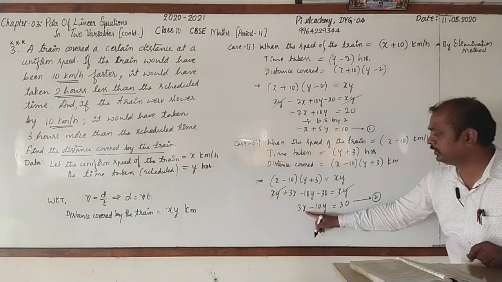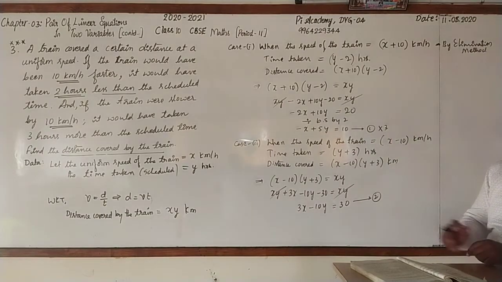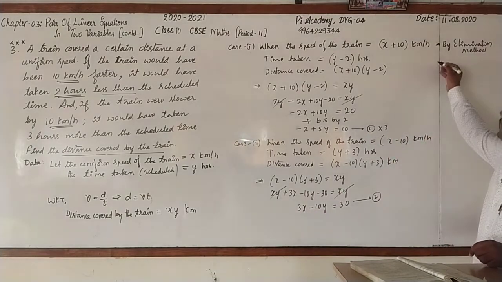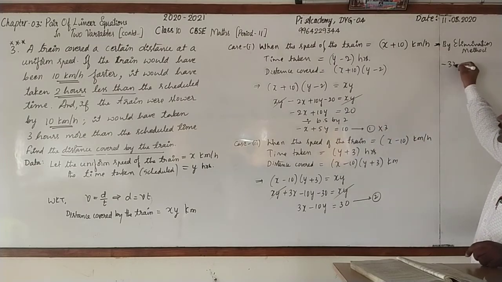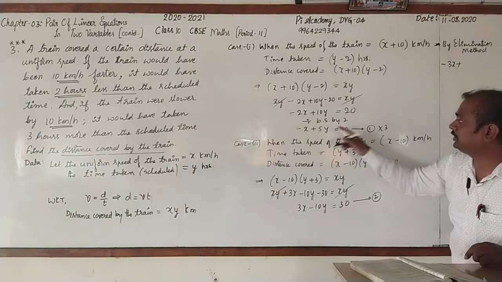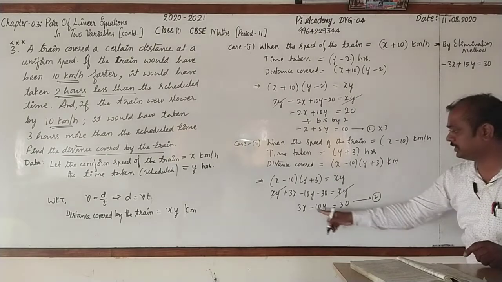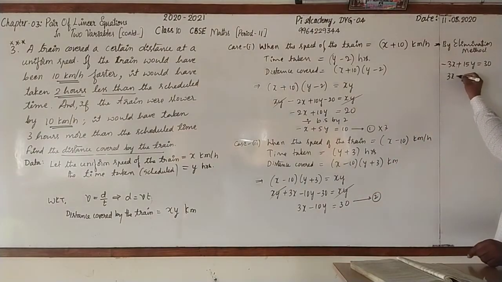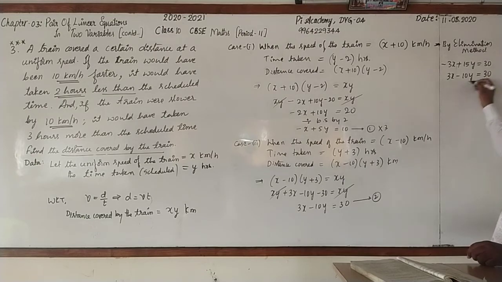Hence, to equalize the coefficient of x, I will multiply equation 1 by 3, because here it is 3. Now we can write the first equation as minus 3x plus 3 into 5, 15y, equal to 10 threes are 30. Next, here 3x minus 10y is equal to 30.